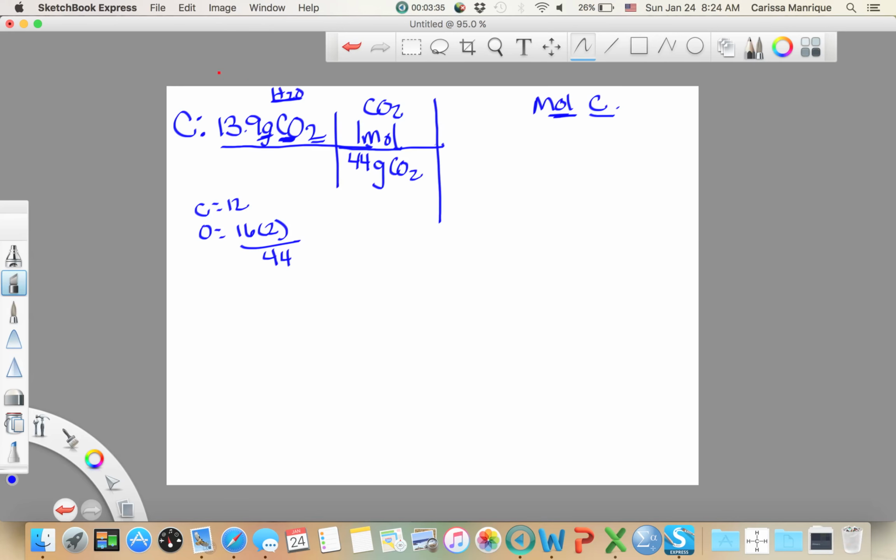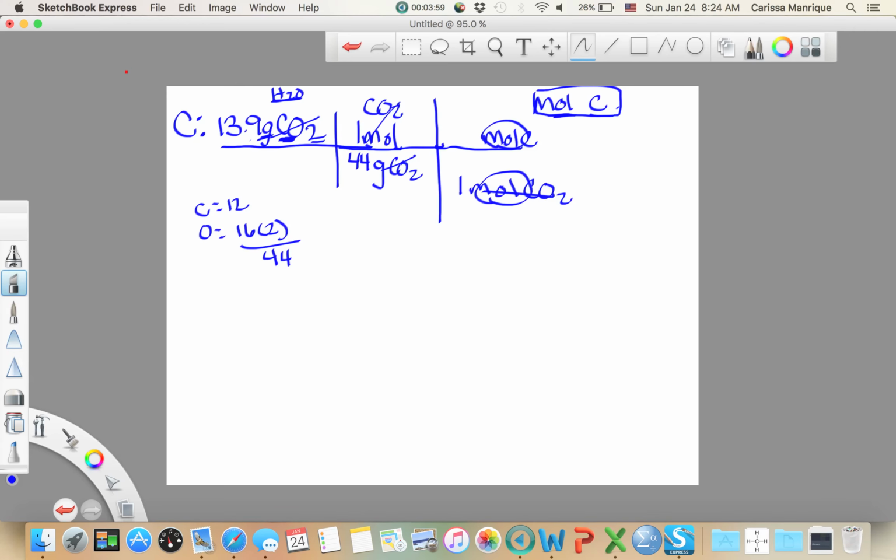Now to get to moles of carbon. For every 1 mole of CO2, the CO2 moles will cancel out. This is called a mole-to-mole ratio, and that's how you get to a mole of something else, always with a mole-to-mole ratio.